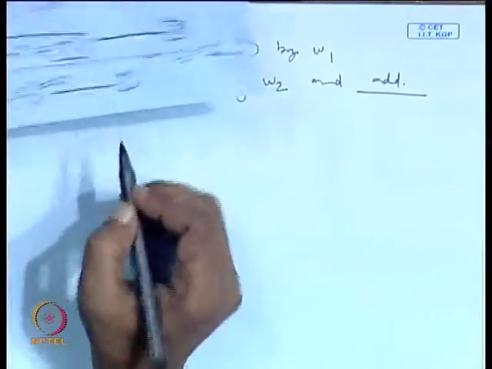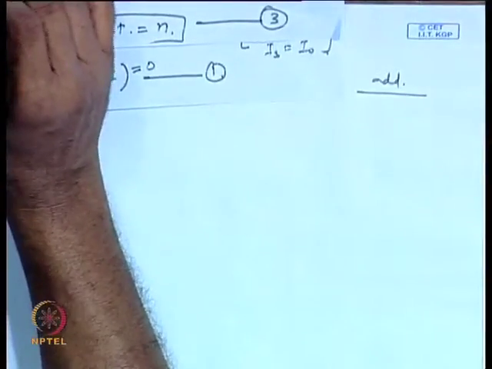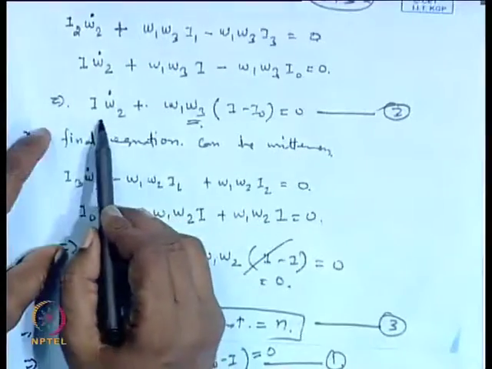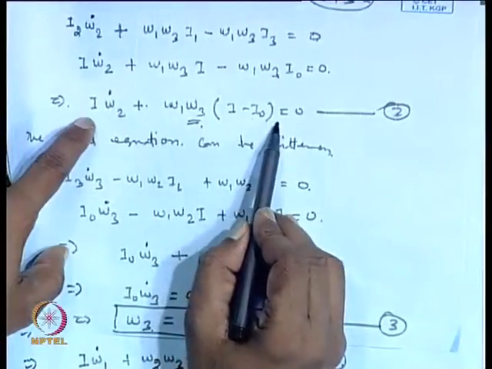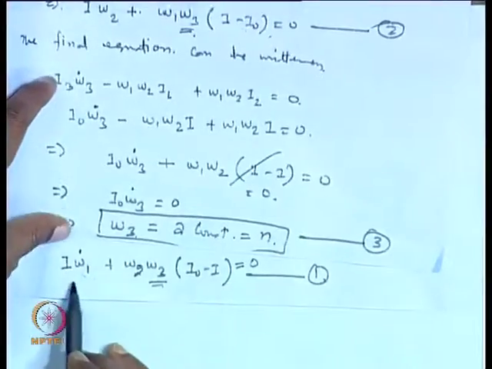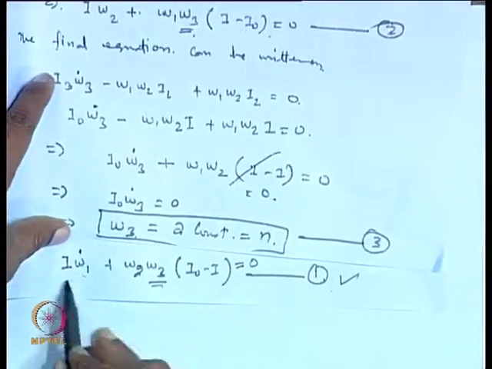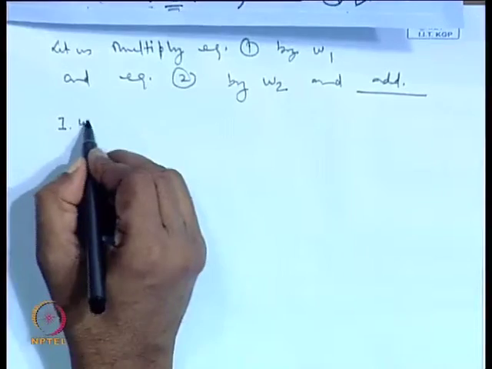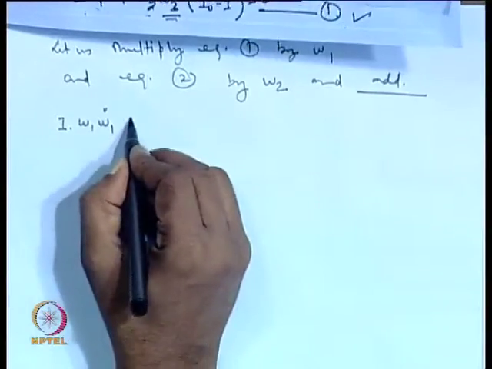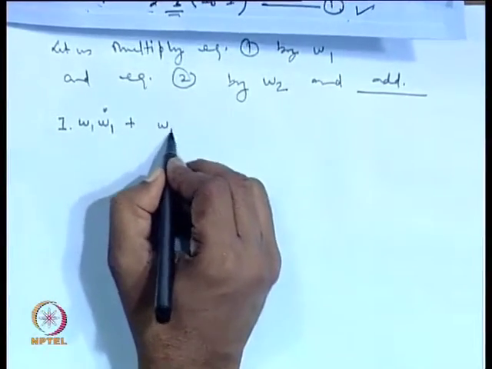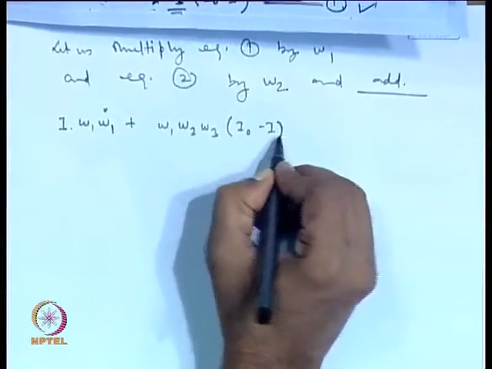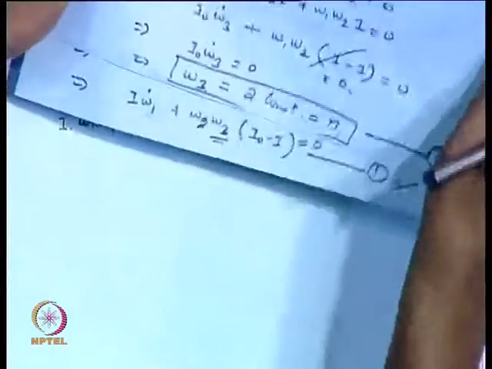So, this equation is to be multiplied by omega 2, and the equation number 1 which is present here, this we are multiplying by omega 1. So, this indicates I times omega 1 times omega 1 dot plus omega 1 omega 2 omega 3 times I 0 minus I, plus, now take the equation number 2.